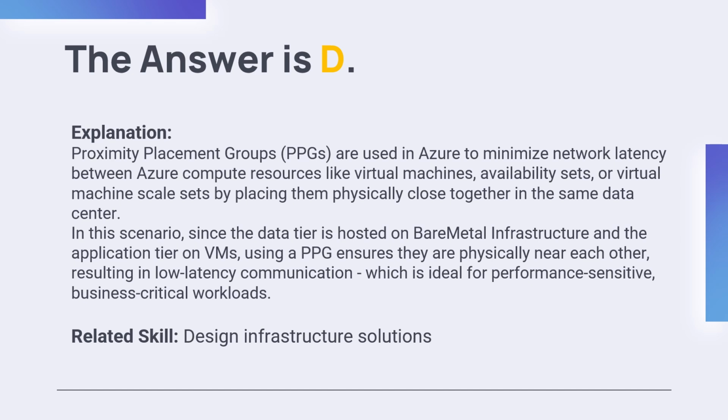In this scenario, since the data tier is hosted on bare metal infrastructure and the application tier on VMs, using a PPG ensures they are physically near each other, resulting in low latency communication, which is ideal for performance-sensitive, business-critical workloads.